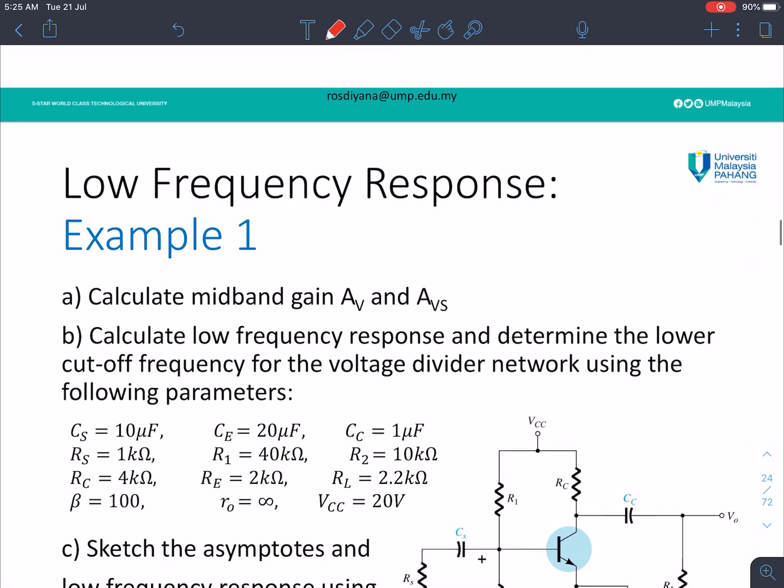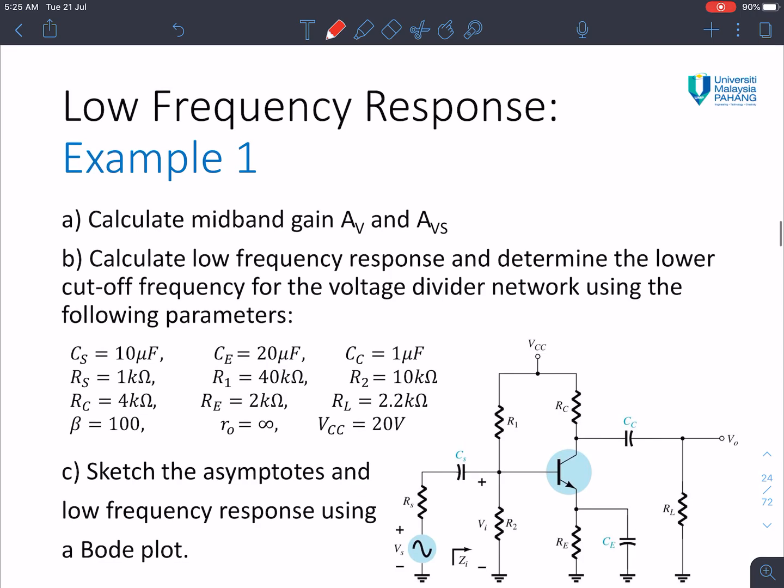Okay, we go to this example. For this question, first calculate the mid-band gain AV. Remember that the mid-band gain, AV, we get equal to 1 or AV equal to 0 dB, and AVS.